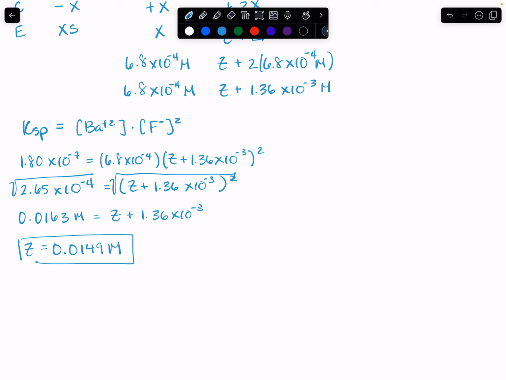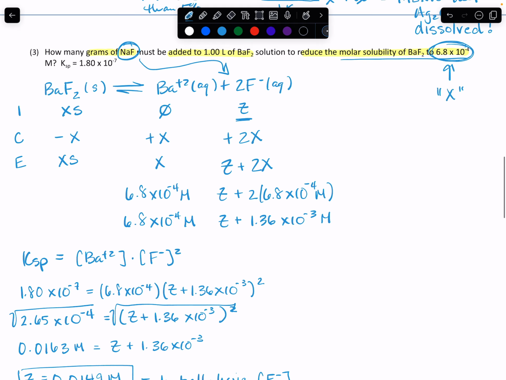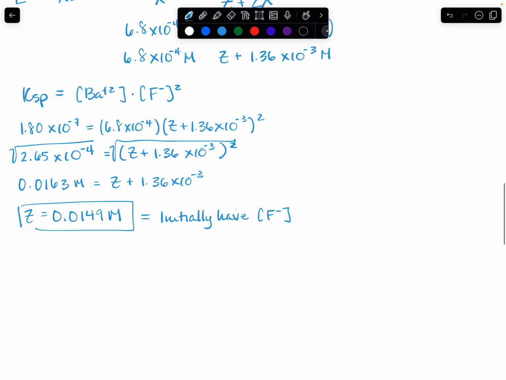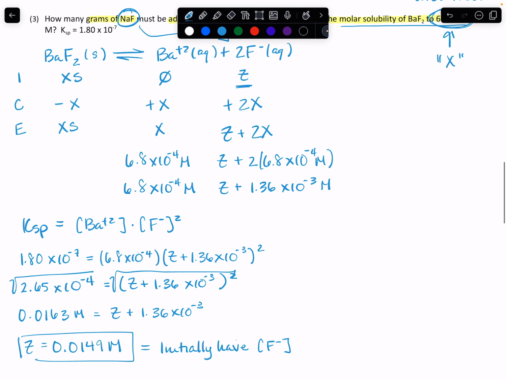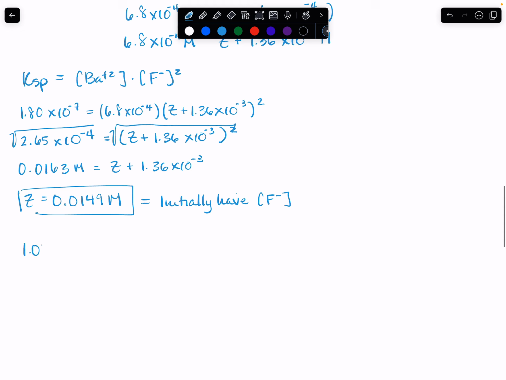All right, so that means when I start, I need to initially have this amount of fluoride ions present. And that amount is coming from that NaF. So I'm making 1 liter of NaF solution.